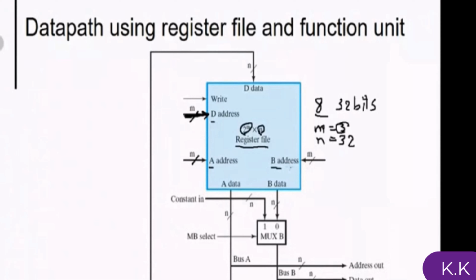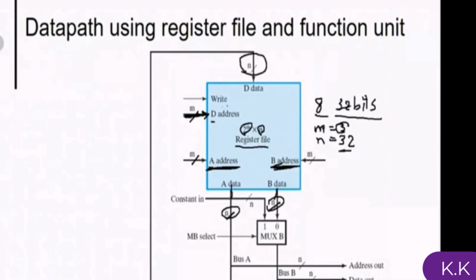How can I select between 8 registers in this example? I need 3 bits, so I need the address with size 3 or in general M bits to select A and B. These are the input signals for the register file to select one of the registers as the A and one of the registers as the B, but the size of the output is n bits because each register is, for example, 32 bits.